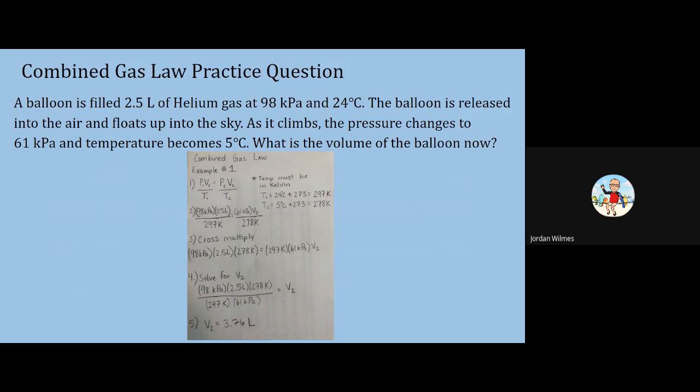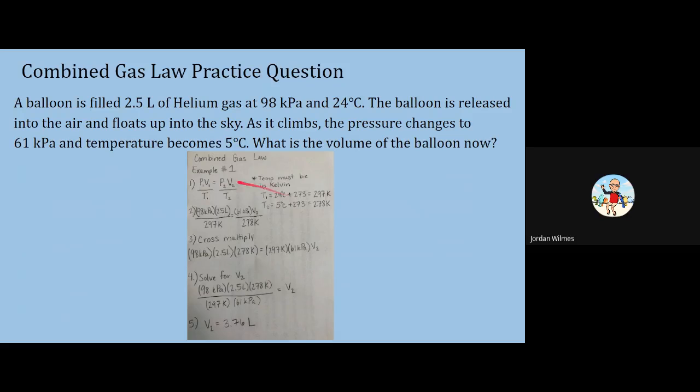So for my second one, I did 5 plus 273, and that gave me 278. So now I have my initial and my final temperature.